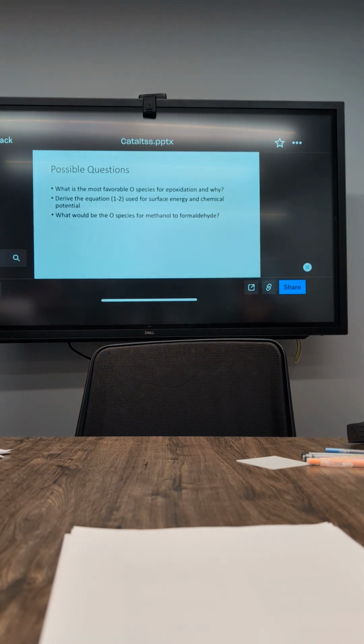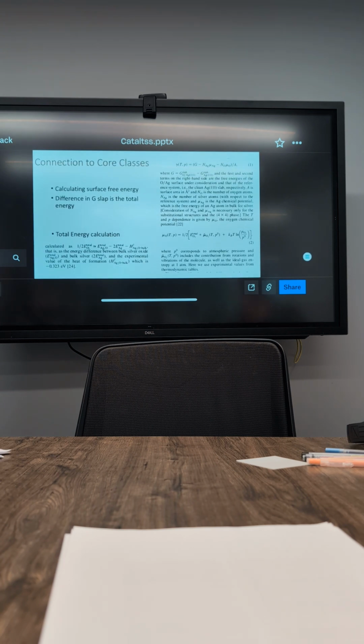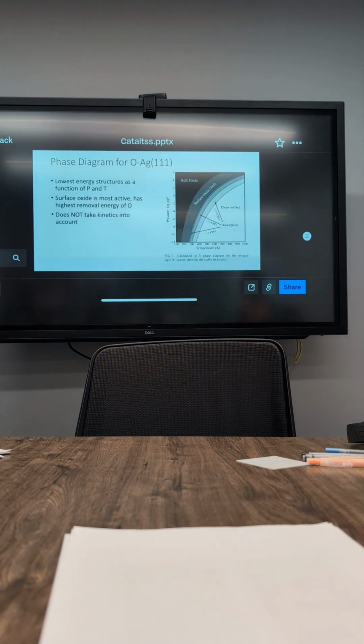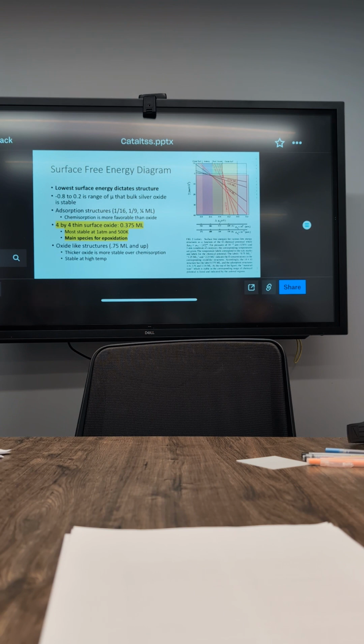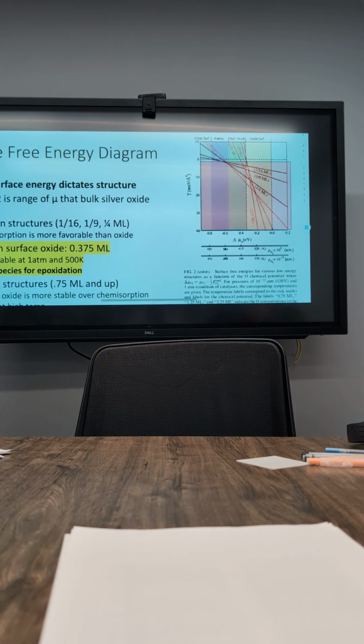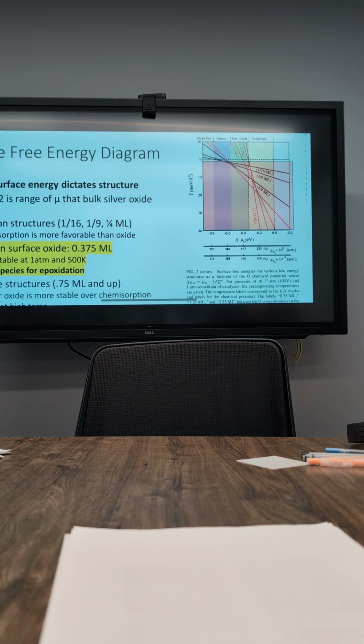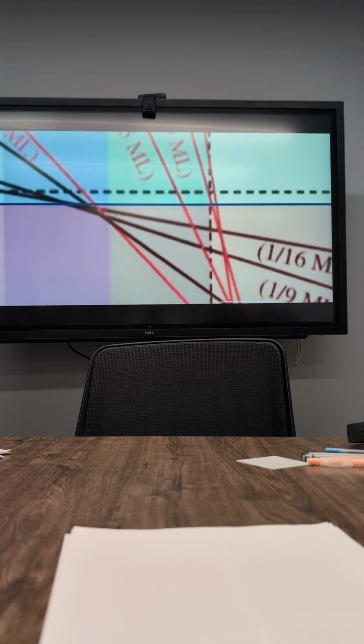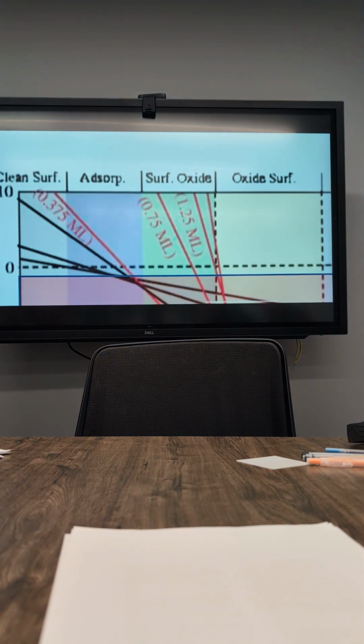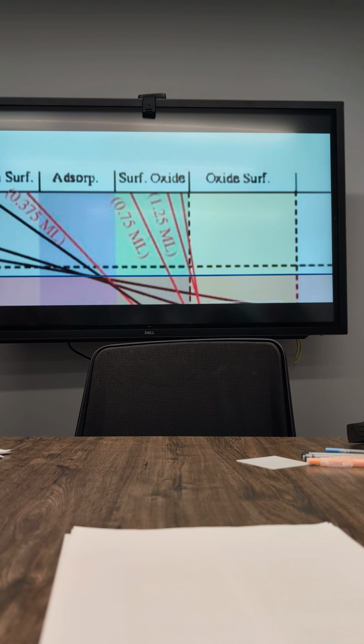Can we go over the figure 2 one, the one with the lines? This one? Yeah. What about it? Maybe I'm confused as to how the lines are relevant to these colored bands, the highlighted bands. Oh, yeah. So I assume clean surface, adsorption, surface oxide or oxide, those are the oxygen structures, or I don't know what we're calling them.